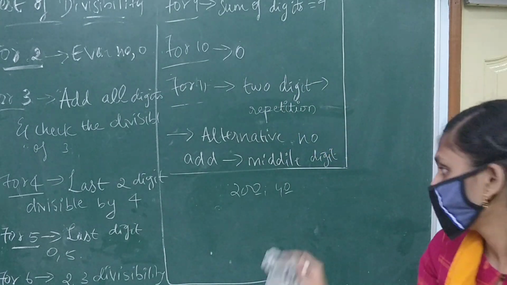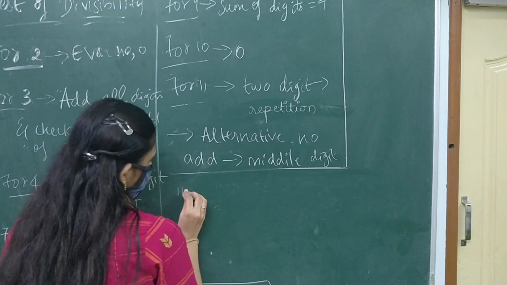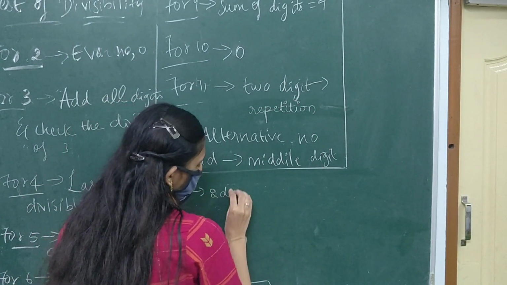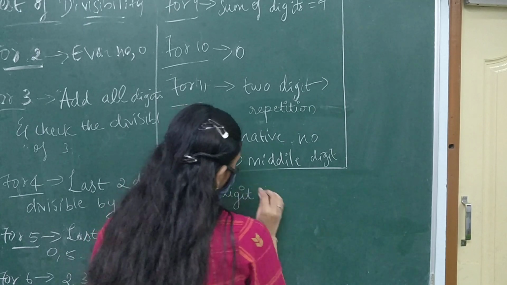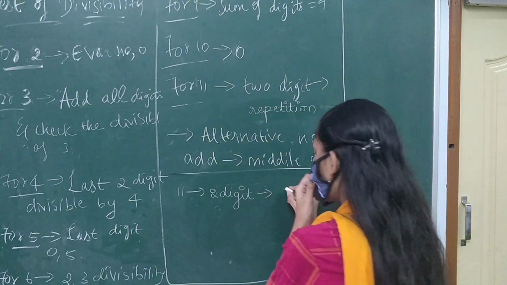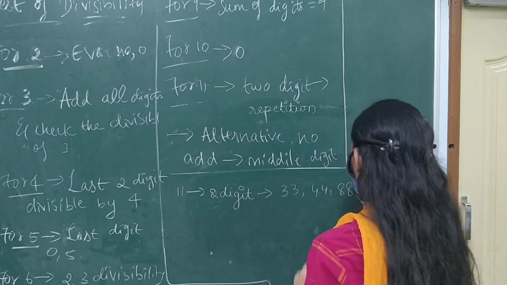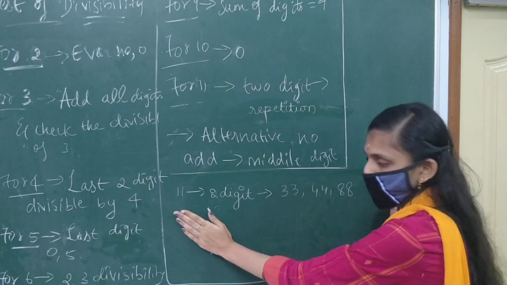And for 11, I will first take a 2-digit number. In the case of a 2-digit number, if the digits repeat, like 33, 44, 88, then the number is divisible by 11.